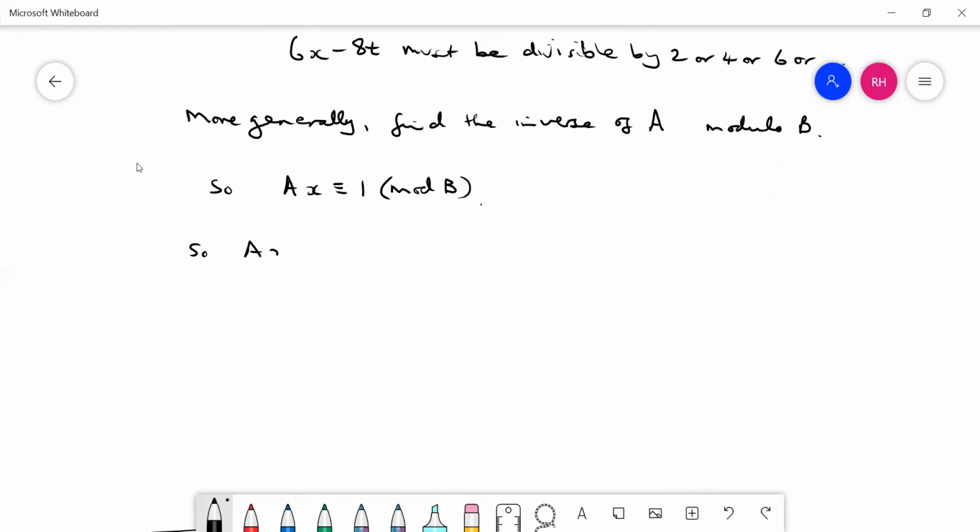Well, it's the same as I did before. AX must equal BT, little t, plus 1. So AX minus BT equals 1. Now remember, A and B are the numbers we started with. X and T are just any integers. We don't really care.